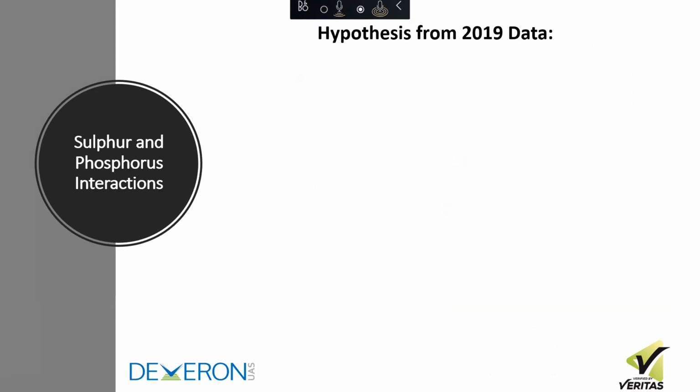Now, in 2019, I had a chance to look at a whole bunch of data around sulfur and phosphorus, and I came up with a hypothesis. I had this one fairly large grower that insisted on adding elemental sulfur to his MAP. His optimum rate for MAP was between 25 and 40 pounds less than everyone else.